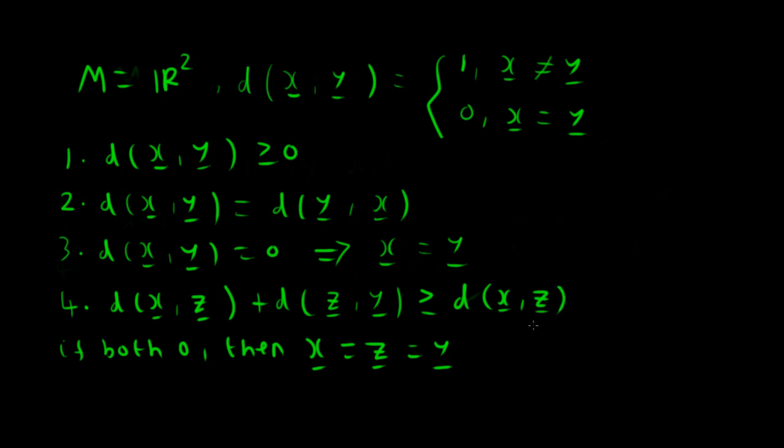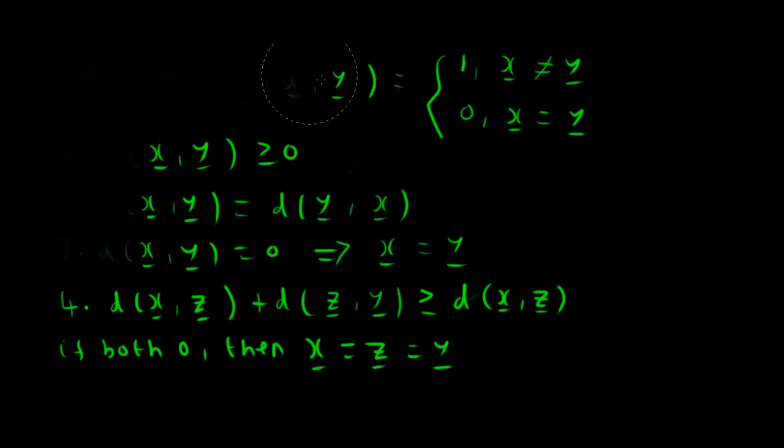Okay, now this metric here, d, in this case, is known as a discrete metric. So just to recap here, M is the metric space, and D is the metric. Okay, so you may see M called a metric space, or the pair MD called a metric space, and D is referred to as a metric. So let me just recap this for you.